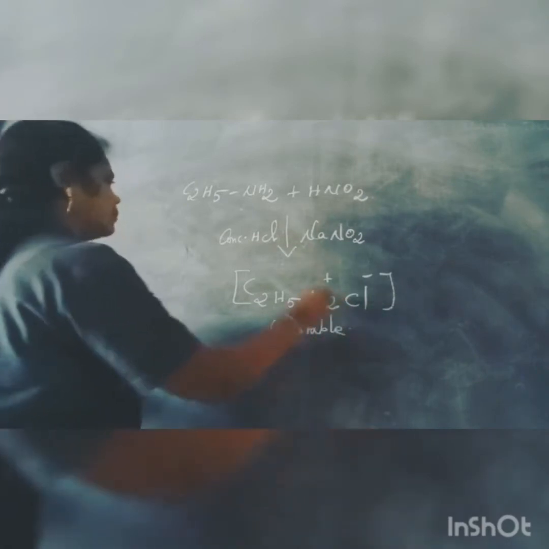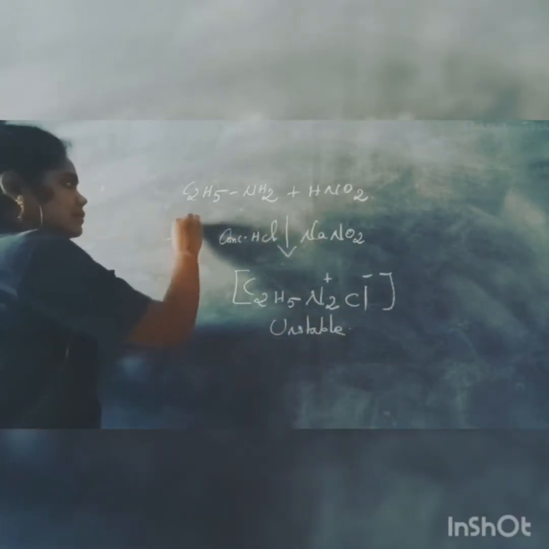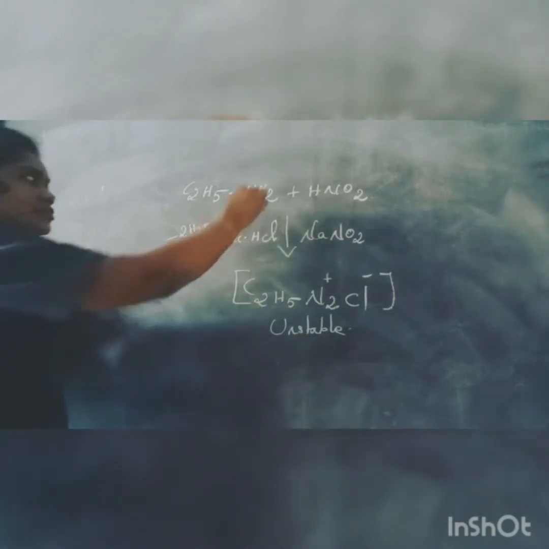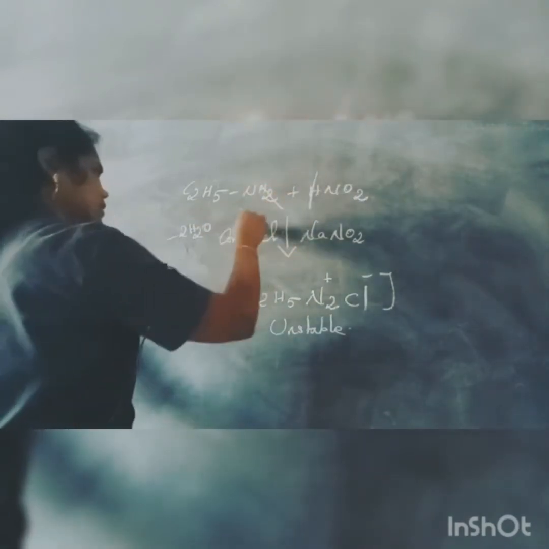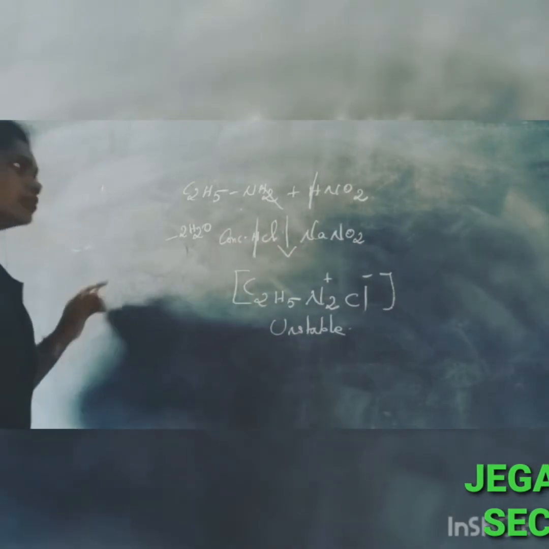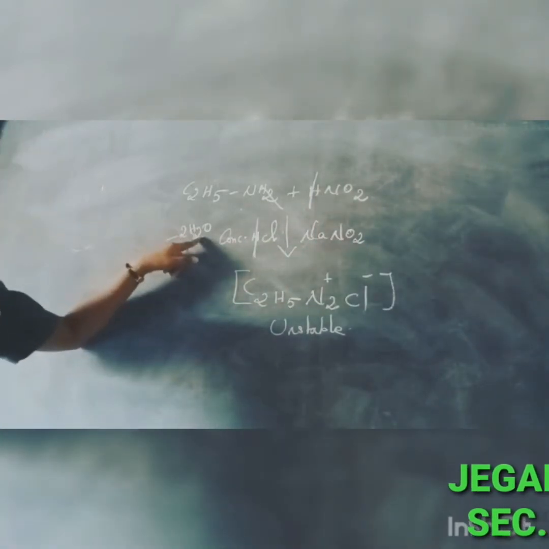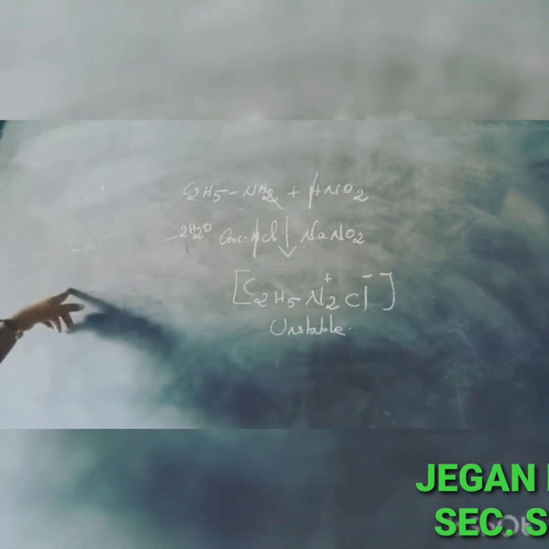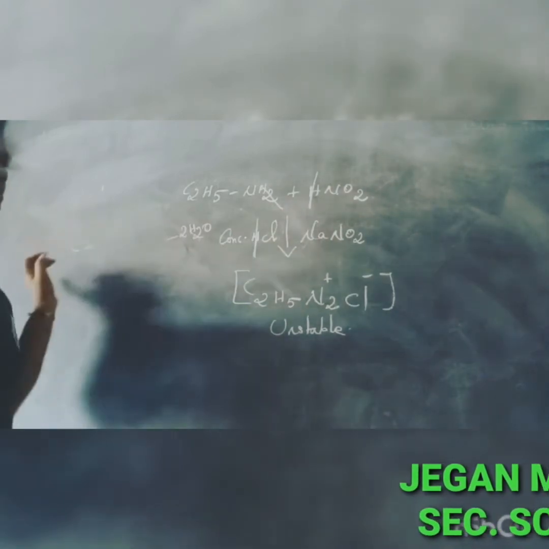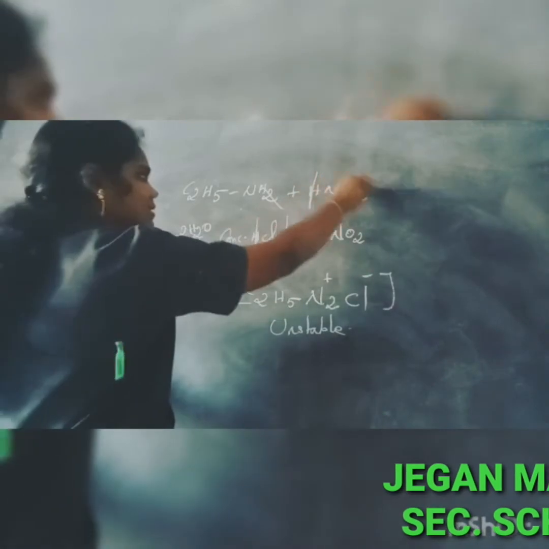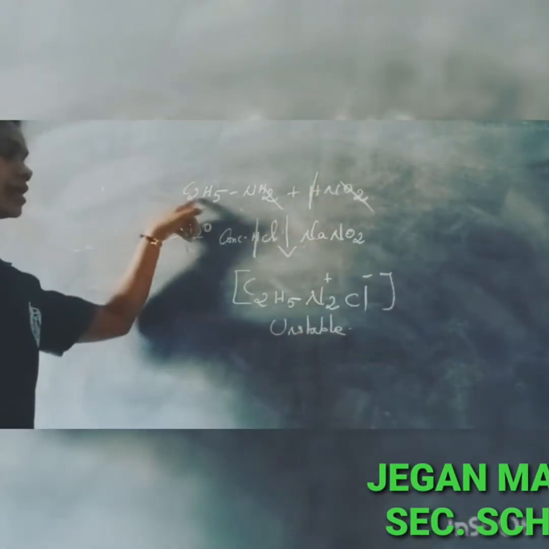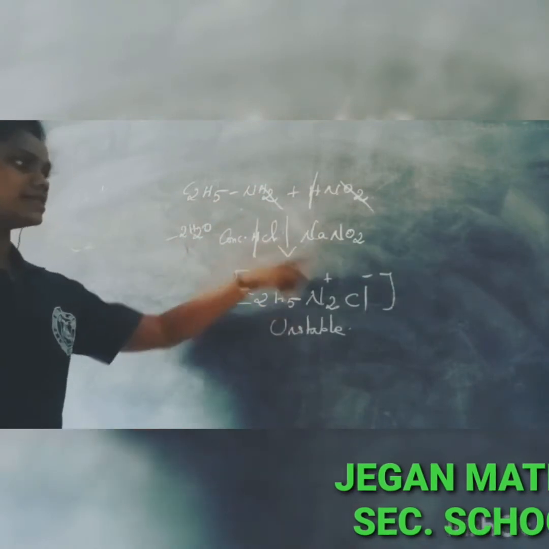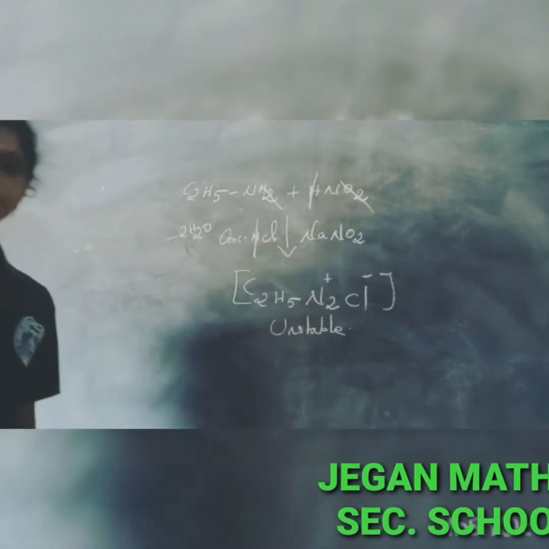How is it formed? Two H2O are removed: the two hydrogens and the oxygen from the water molecules are removed. What remains is C2H5, N2 and Cl-. This is the unstable compound.